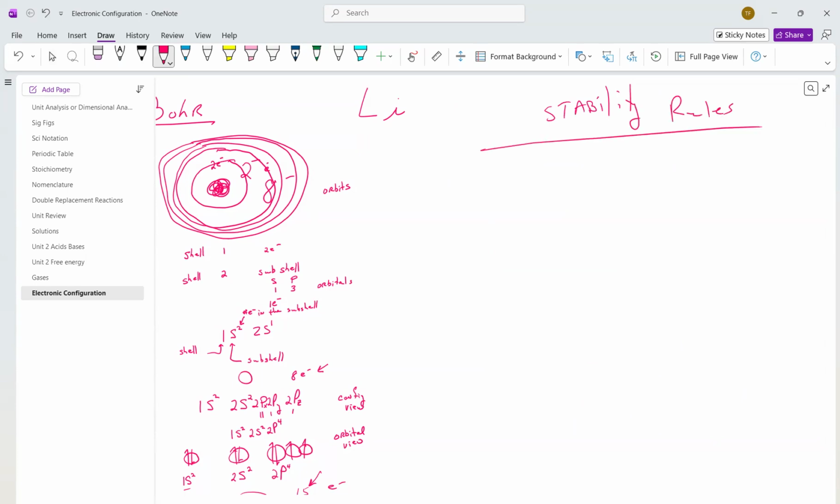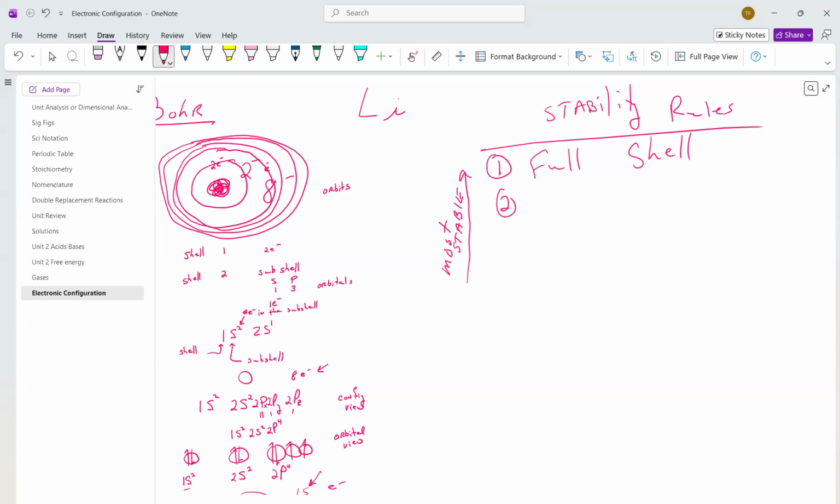Now we're going to get into ions today as well. Okay, number one, we're going to go 1 to 4. One's the most stable: a full shell.